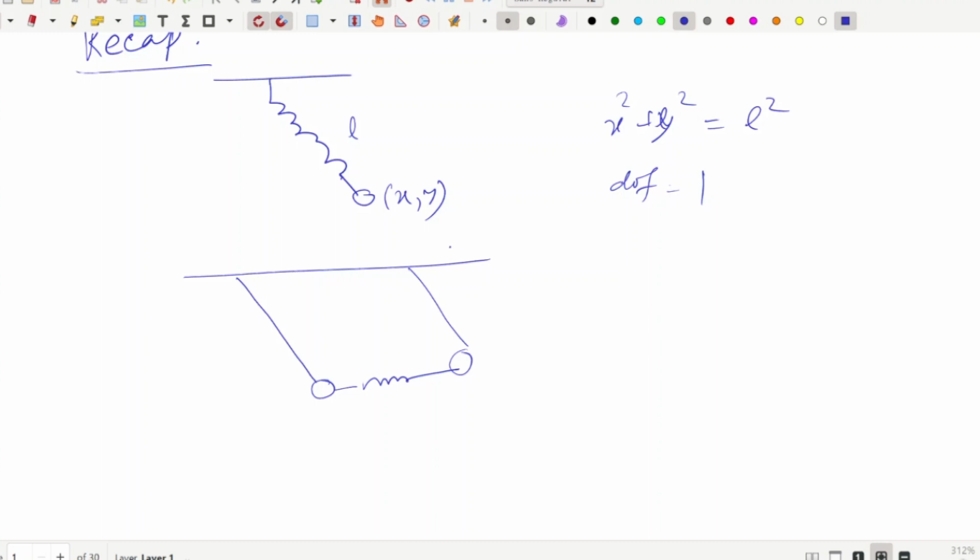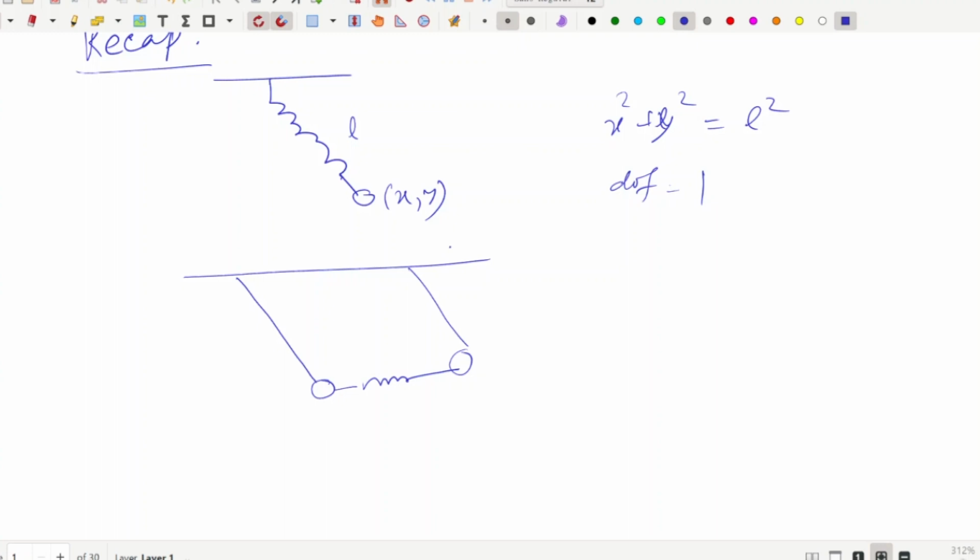Here the pendulums are supposed to be in a plane, so the total degrees of freedom is supposed to be 2 plus 2 for both pendulums, but there will be 2 constraints because of the length of the strings. So the total degrees of freedom for this system will be 2, and we have constructed the Lagrangian. So this point should be clear in your mind.